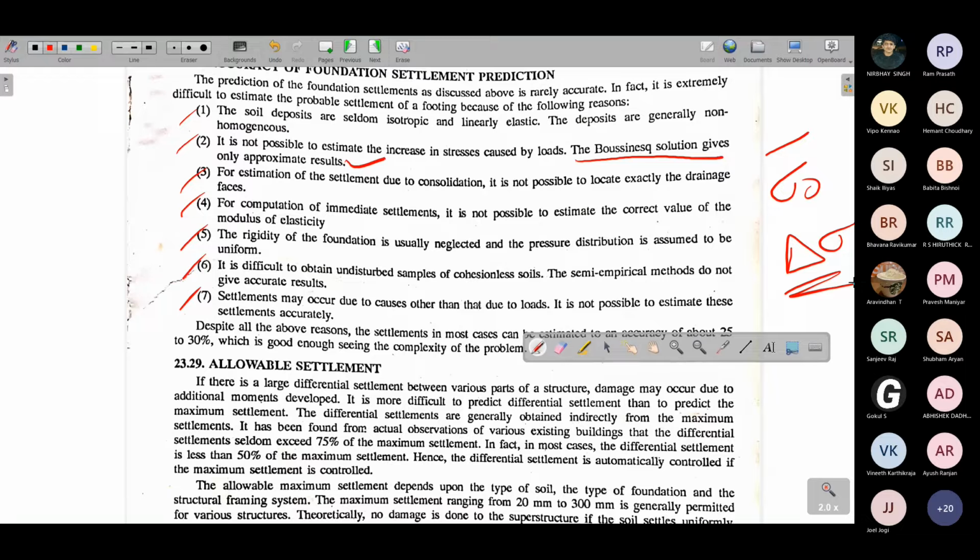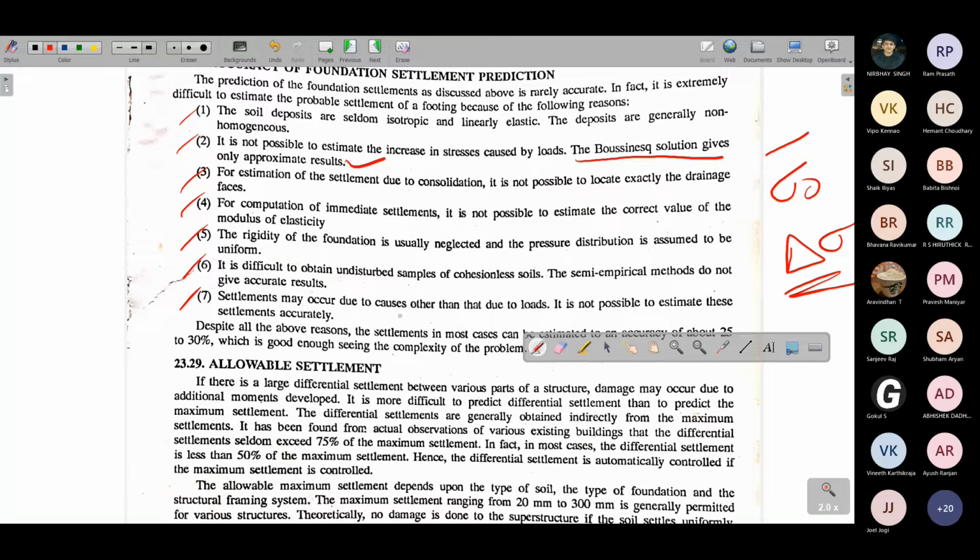We cannot measure it by using some formulas, because we have to find it in the laboratory, and when the depth changes, the modulus of elasticity changes, and so on. Then the rigidity of the foundation is usually neglected and the pressure distribution assumed to be uniform, but that is not the case. It is difficult to obtain undisturbed samples of cohesionless soil. The semi-empirical methods do not give the proper result.